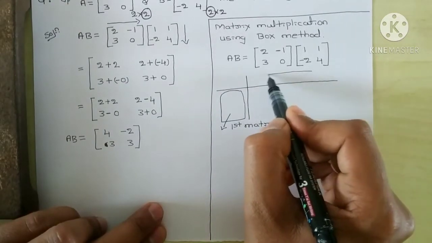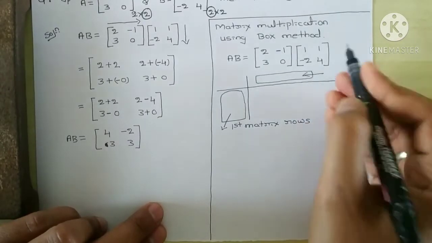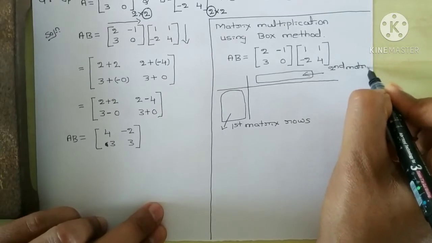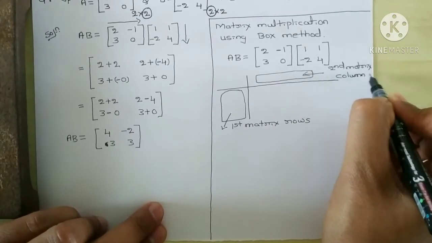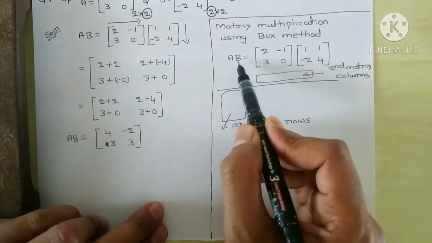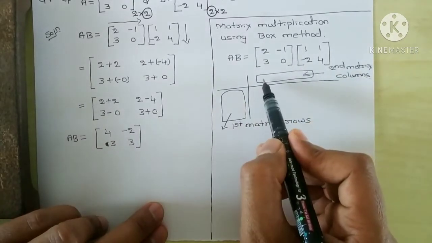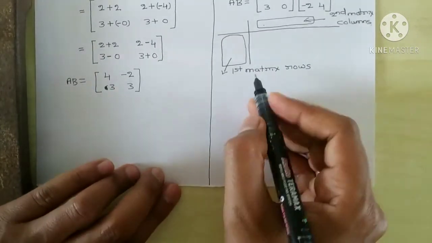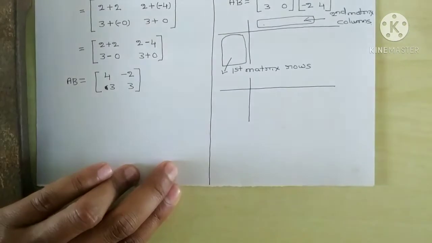Next, in this part, what to do? Second matrix, the number of columns you need to note down. B is the second matrix. How many columns are here? 2 columns. Both the columns you have to note down. So first step, trace 2 lines like this.